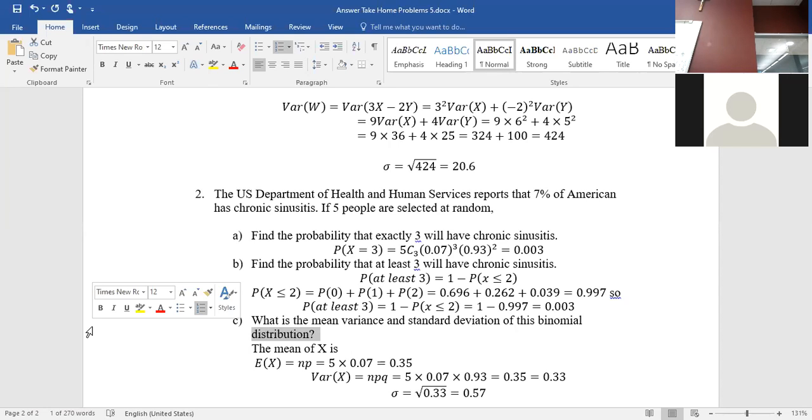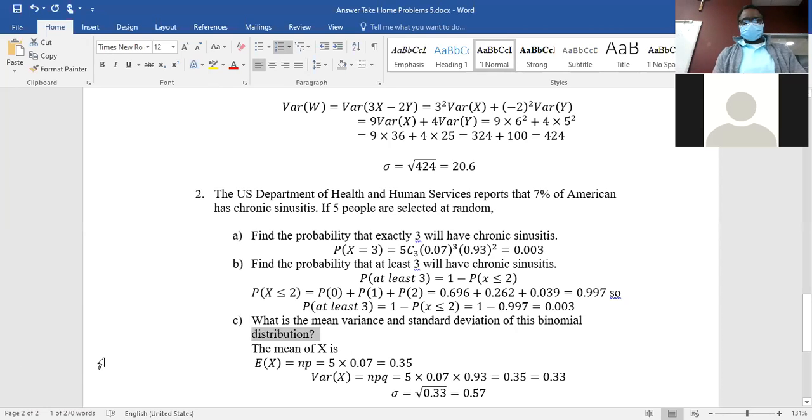The probability that x is greater than or equal to 3 is 1 minus the probability that x is less than or equal to 2. But the scientific calculator works better. Binomial distribution calculator.